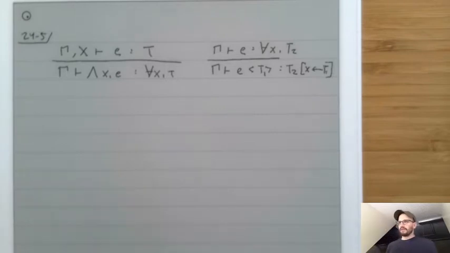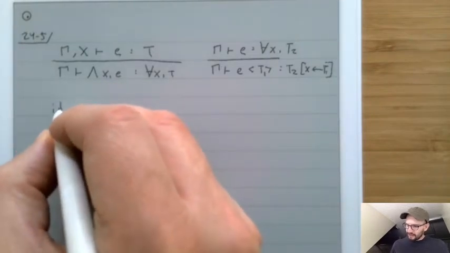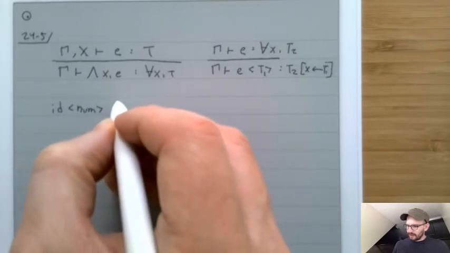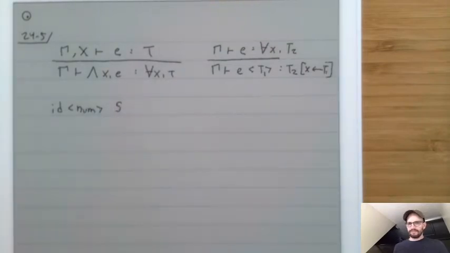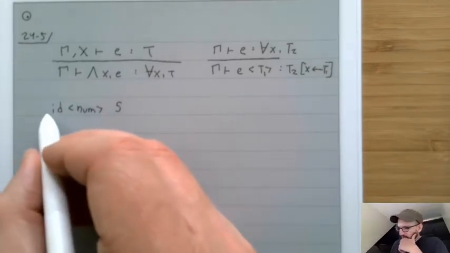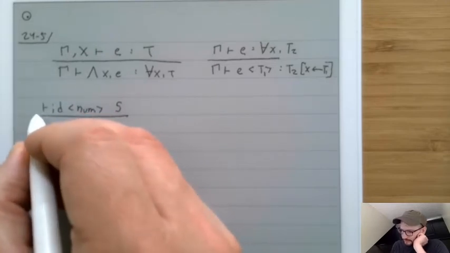So let's look at a concrete example of this. A concrete example of this would be if we take the identity function and we apply it to number, and then we try to call that with 5. Okay, so how does this work? Well, we're trying to prove this.